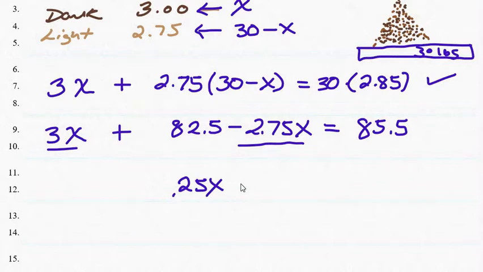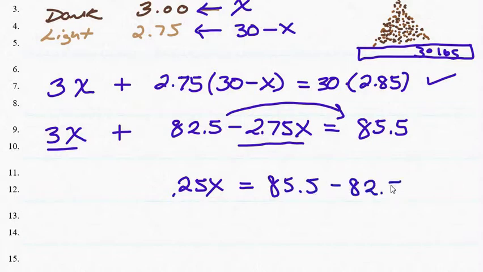So 0.25x is equal to, let's subtract 82.5 from both sides, or just think of it as taking that over. So we're going to have 85.5 minus 82.5, and that's a difference of 3.